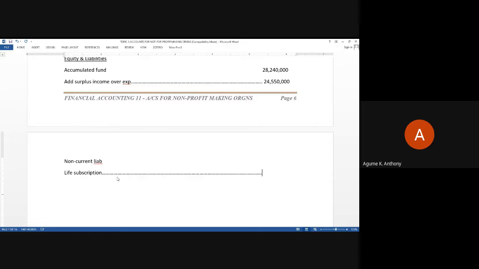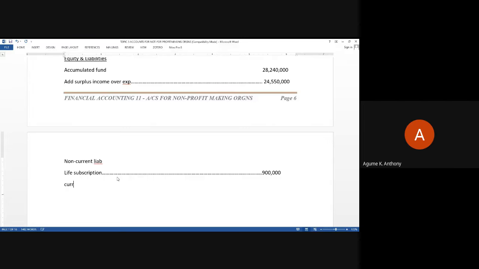Because remember, the 100,000, we charged it as income in this year. So 900 is what is going beyond 1 year. So we shall continue writing it off until all of it is utilized.